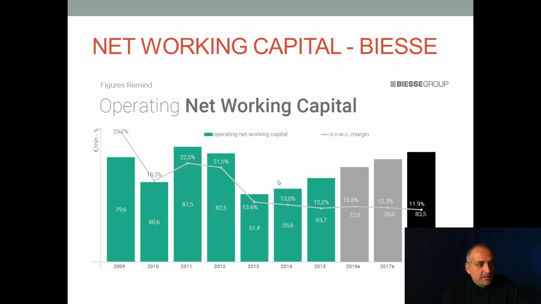We have a look at BSA. Again, you can have an idea about how things are moving, and you can see that during the period considered, they've always kept a positive net working capital.